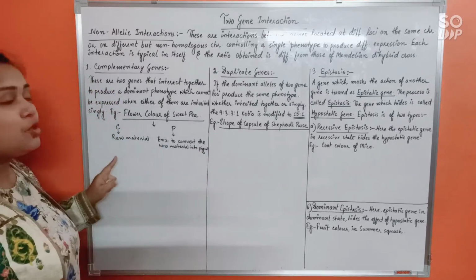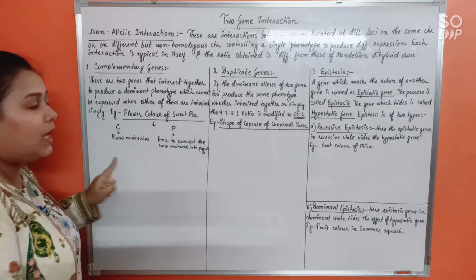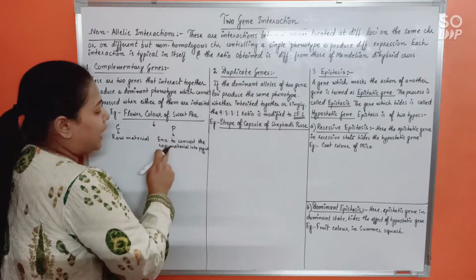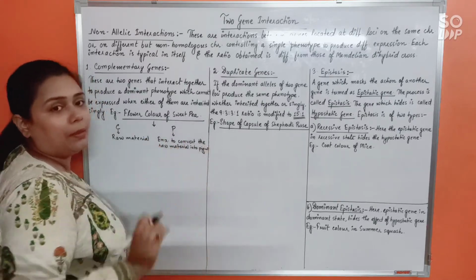So gene C produces the raw material for the pigment, and gene P produces the enzyme to convert that raw material into the color.